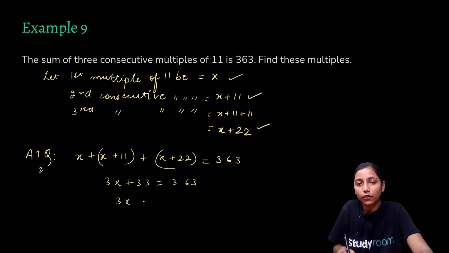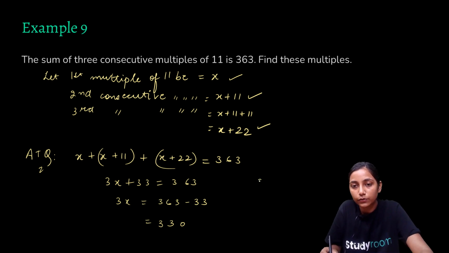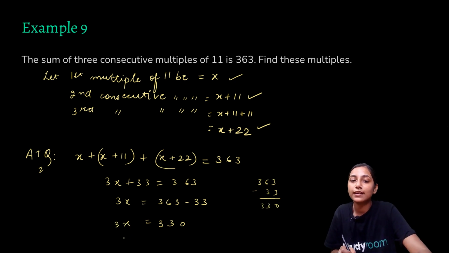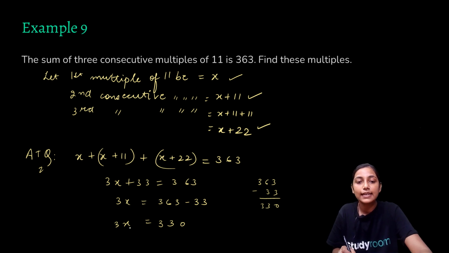That is, take the constant to the other side, 363 minus 33. You can do it on the rough side. 363 minus 33 is going to be 330. 3x equals 330. Now we need to divide by the coefficient of x, that is 3. We will be dividing both sides by 3.